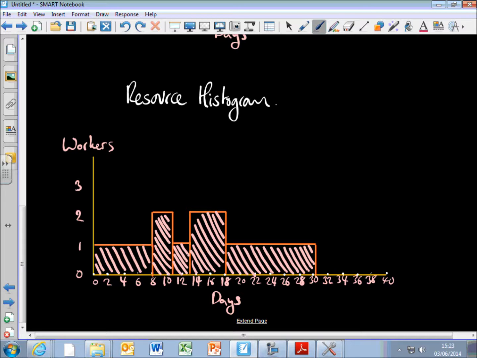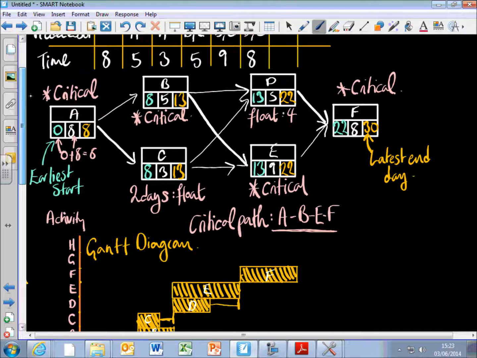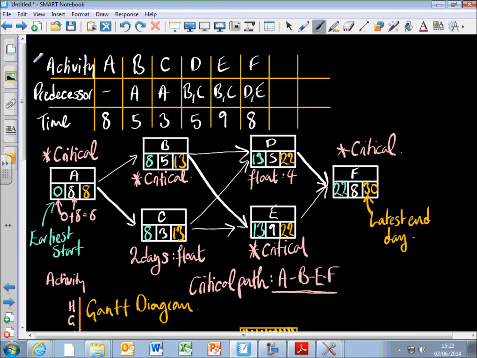Okay, and that's it. So that's another way of sort of planning how I'm going to get this activity done. So first of all, I've done the activity network. I found the earliest start dates by going from left to right, and I add up the first 2 numbers and pick the biggest.